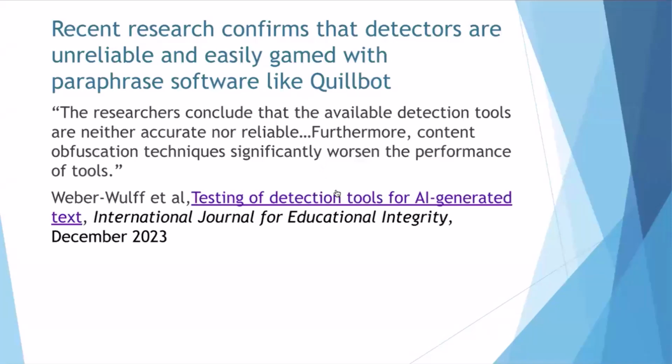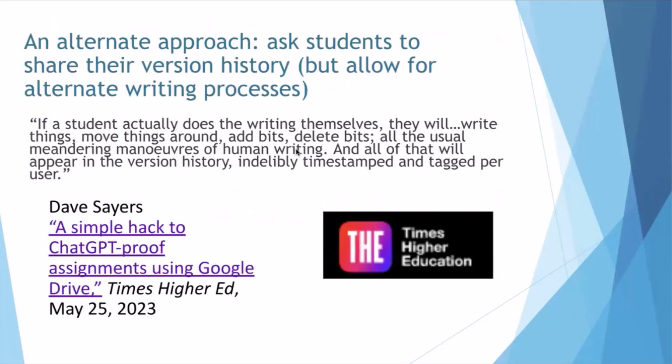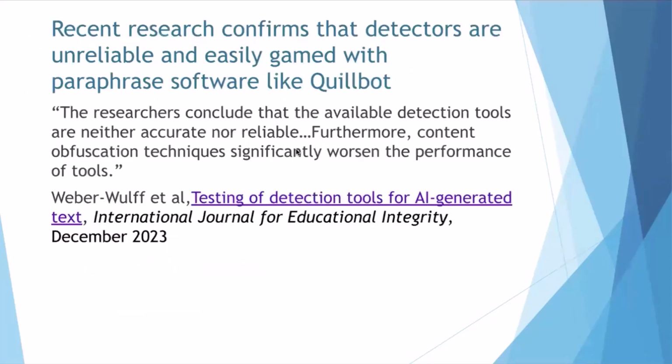And also, they were just very easy to evade by running the AI text through paraphrase software like Quillbot. There are also a whole bunch of websites that are just dedicated to quote unquote humanizing AI writing, something that I would love to see regulated. But so it's pretty trivial for students to get around AI text detection.